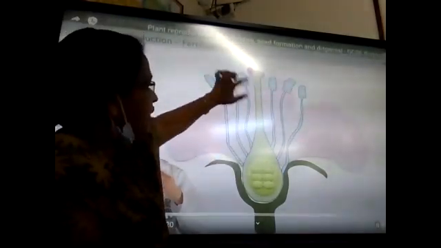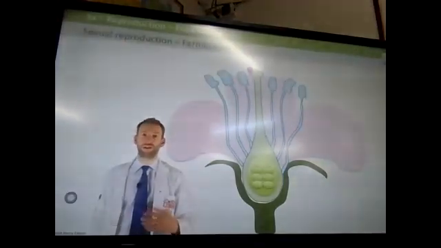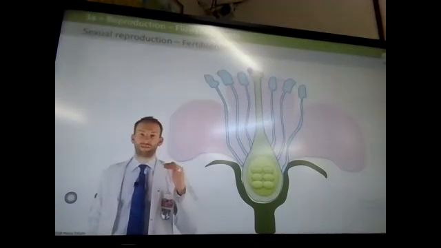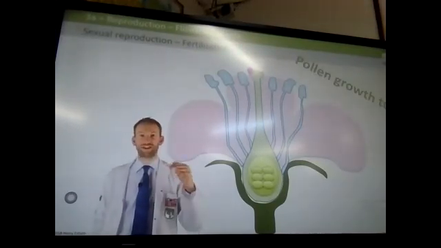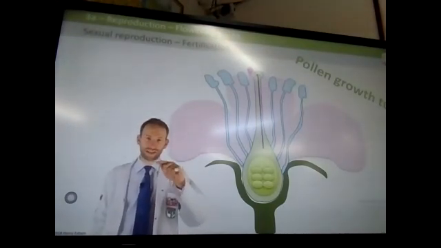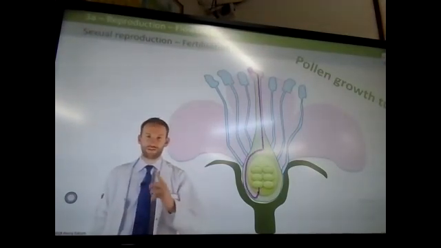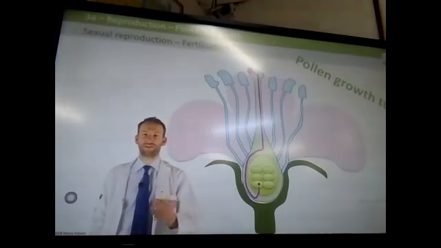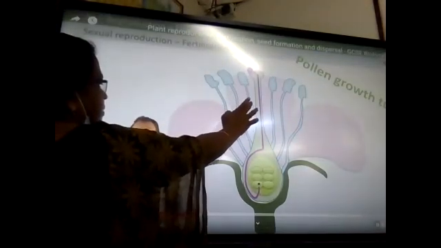Okay, we will see that one. At this point, the pollen tube grows down the style, digesting its way down using enzymes, and the nucleus will travel down the pollen tube and enter into the ovule, and there the nucleus can fuse with an egg nucleus.